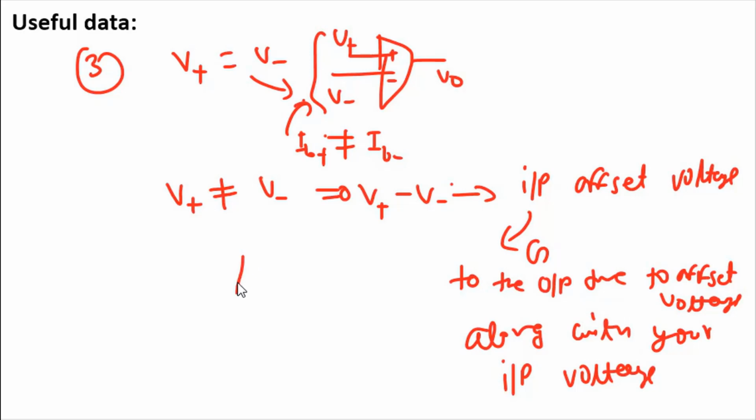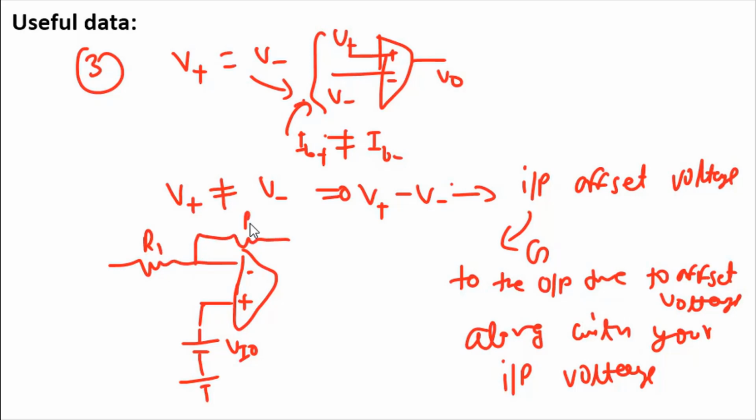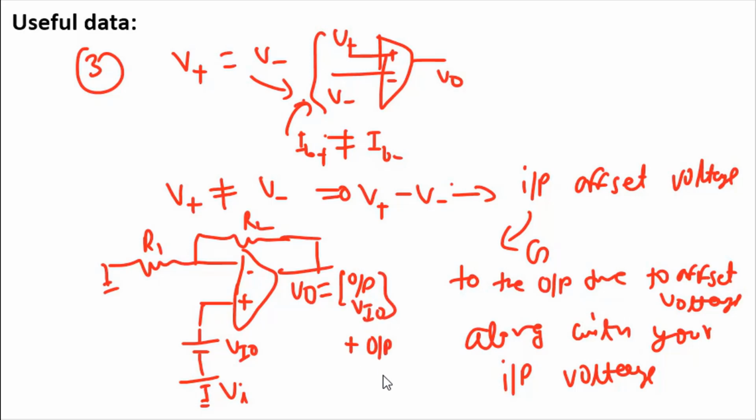So that is, if you have an op-amp designed as the non-inverting amplifier, and this is your input offset voltage, and this is your input, and this is your feedback configuration, this is your R1, and this is your R2 as a feedback resistance, then this is your input voltage Vi, so your output contains the output due to input offset voltage plus output due to your input voltage.